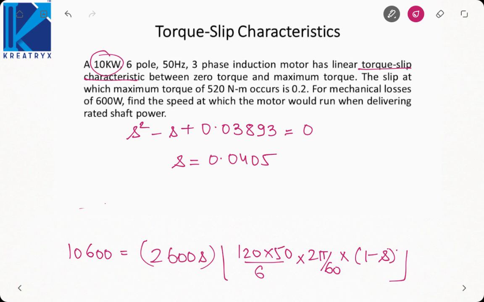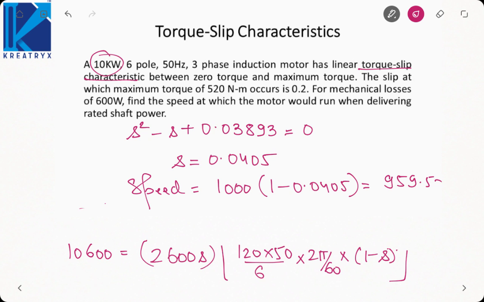That is the slip for the case of the motor which runs at rated shaft power. So from here I can calculate speed. 1000 RPM is synchronous, into 1 minus S, which becomes equal to 959.5 RPM. Is it fine? So that is the speed when the motor runs at rated shaft power.